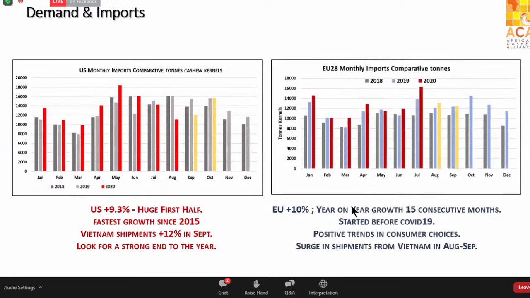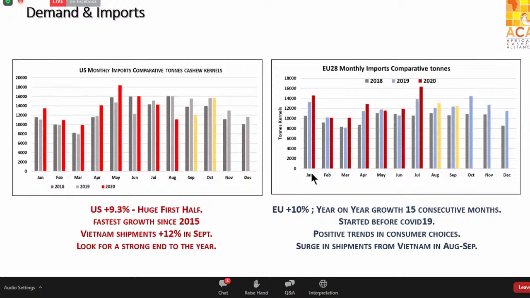If we look at the European Union, we see something slightly different. The European Union has been showing strong growth in cashews for some time, at much stronger rates than the United States, if we look at the blue bars compared to the grey bars.